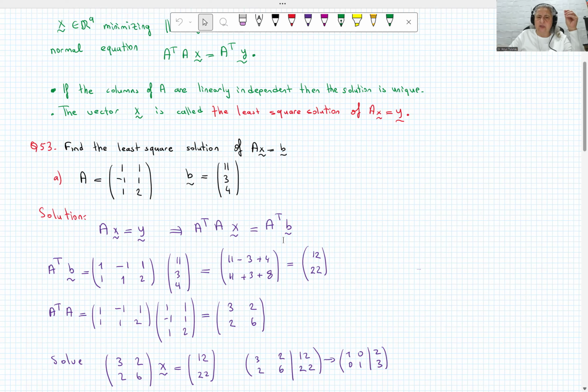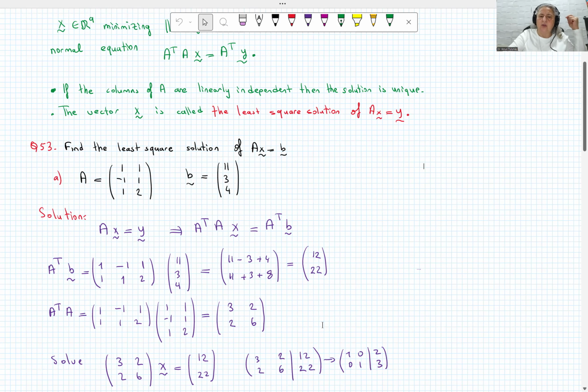On the other side, I have A transpose A as a matrix. A has 3 rows and 2 columns, so the multiplication of these two matrices will give me a 2 by 2 matrix, which is a square matrix.